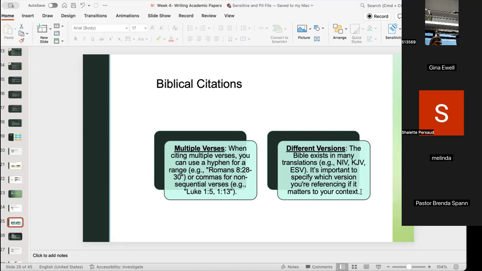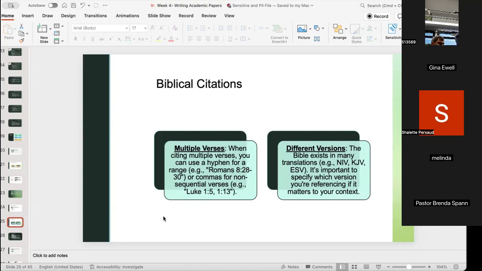If you are using more than one Bible translation, then it's important to put them both. And I would put them both separately because they are separate entities for the most part.